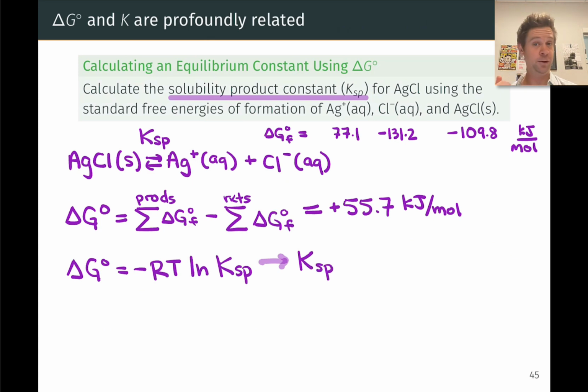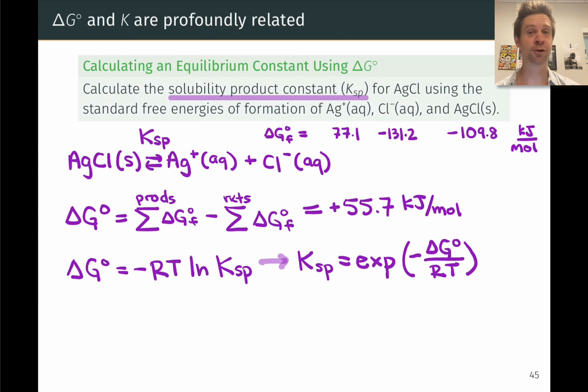The way we're going to do this is divide both sides by negative R times T, and then raise e to the power of both sides. That will take the natural log of KSP and just turn it into KSP. On the other side of the equation, we have e to the power of, or exp, negative ΔG0 divided by RT. Again, this is mathematically equivalent to the equation on the left. We just did some mathematical manipulations so that now we can calculate KSP directly from the known ΔG0.